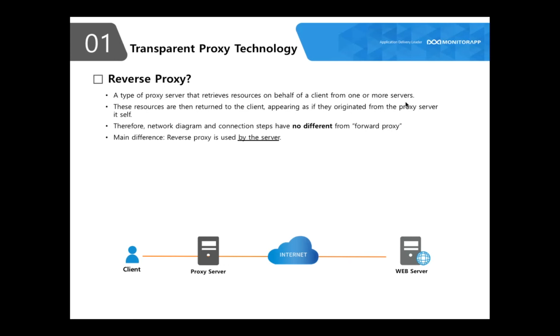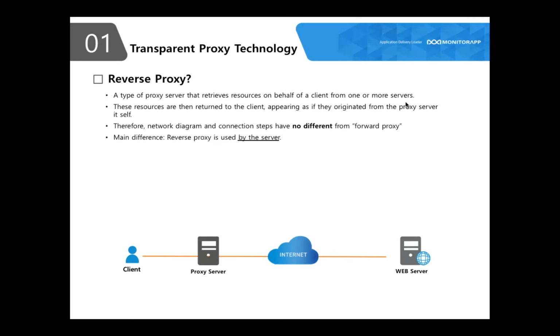Here is the main difference. A reverse proxy is used by the server. Below, there is a simplified network diagram showing the huge difference between a forward proxy, which is normally just called a proxy, and a reverse proxy.